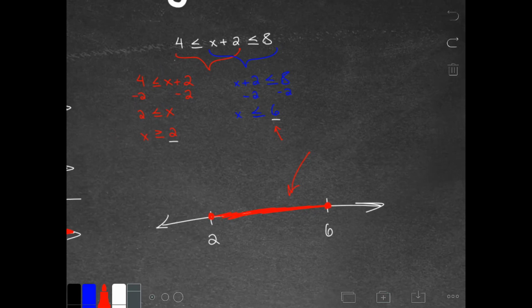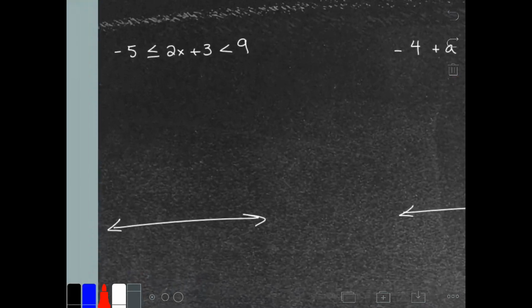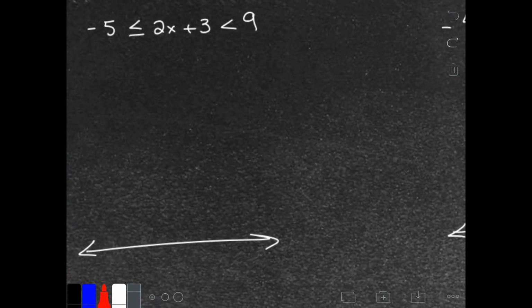Let's go ahead and take a look at another example of an AND statement. So again, let's break this down into two separate simple inequalities. Negative 5 is less than or equal to 2x plus 3, and 2x plus 3 is less than 9.